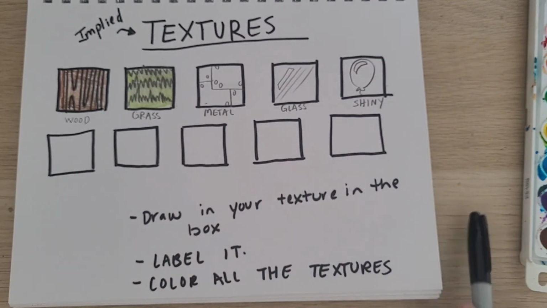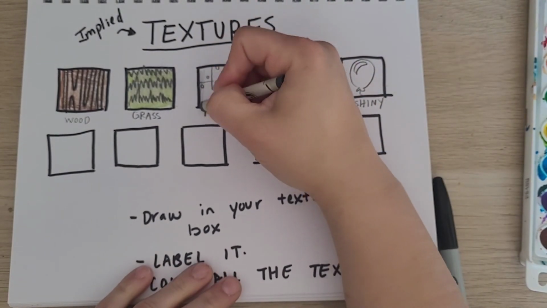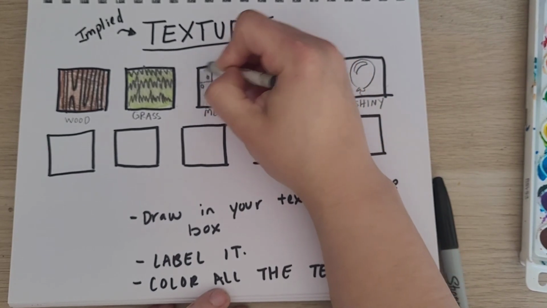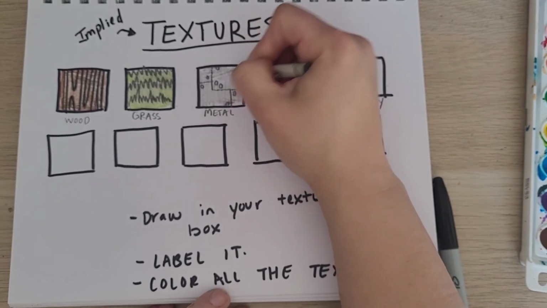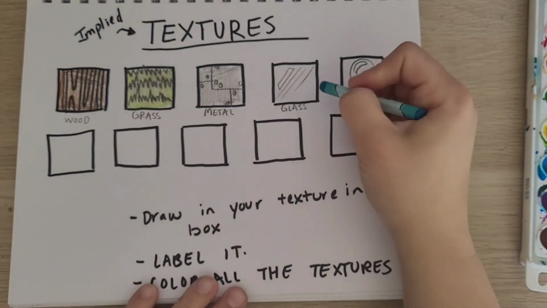The metal, I'm going to do a gray. You don't have to get too detailed with your coloring, just enough so I know it helps with what the texture is. The glass, I'm going to do a blue.